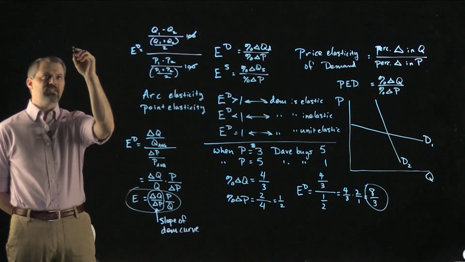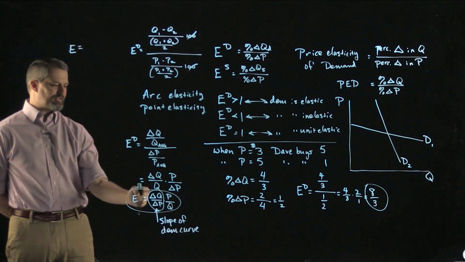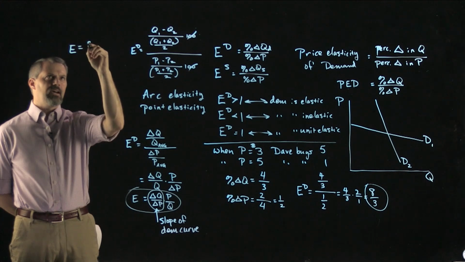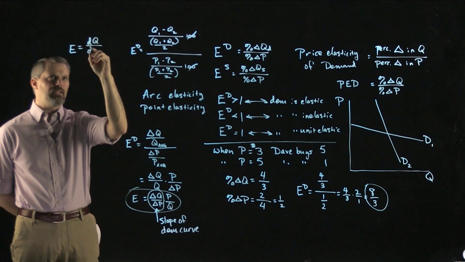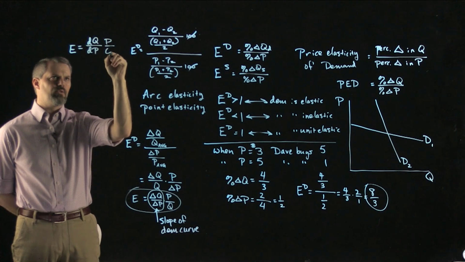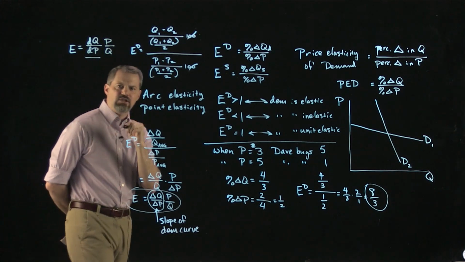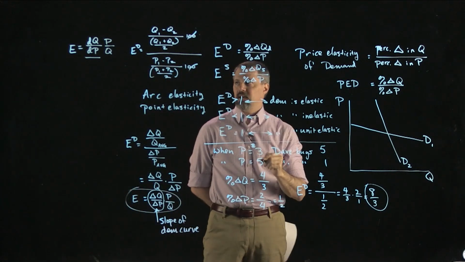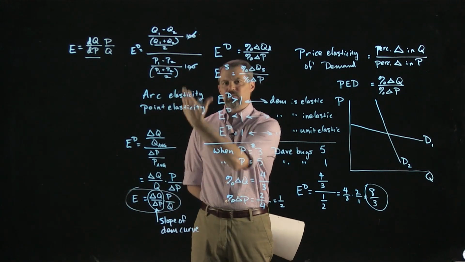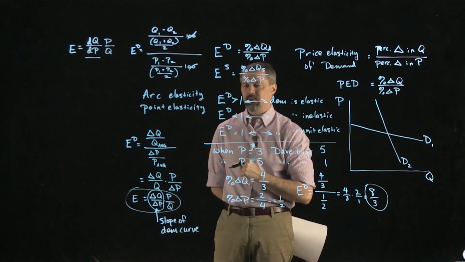I can rewrite it this way. Elasticity is equal to, instead of using these Greek d's, dQ/dP times P over Q. And if you've had any calculus, you'll recognize that dQ over dP is the slope. That would be the notation for the slope of the demand curve.